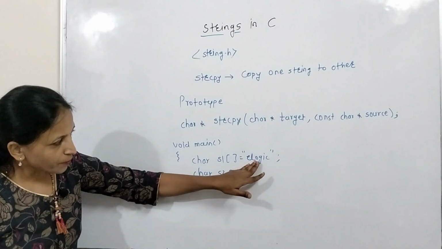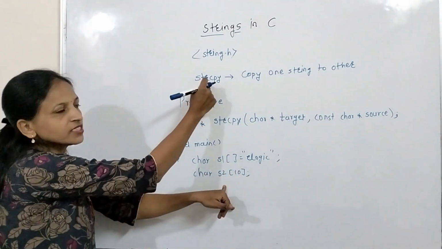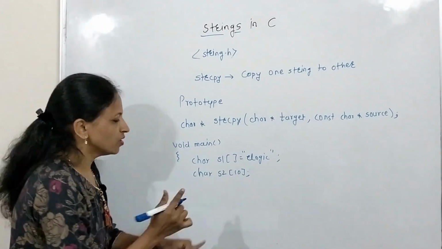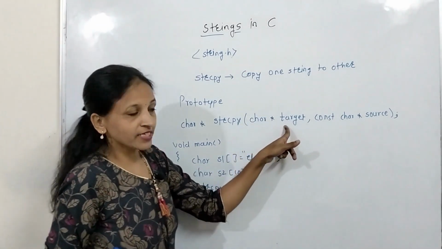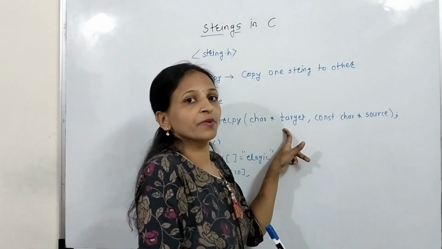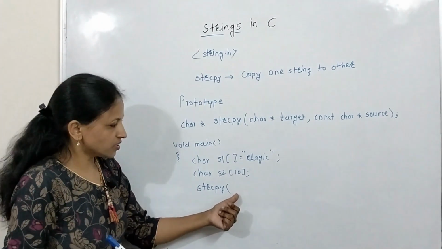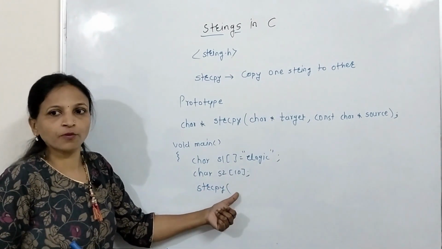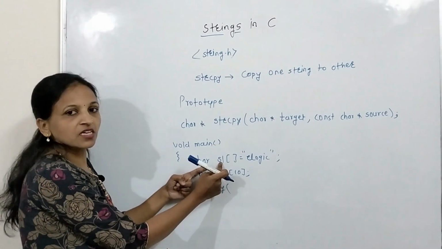Now I want to copy this string into this one. Then how to do that? Just call this strcpy function. We will write strcpy. First we have to write the target, meaning in which you want to copy that string, you have to mention as the first argument to strcpy. In s2 I want to copy the contents of s1. That's why this one is the target and this one is the source.